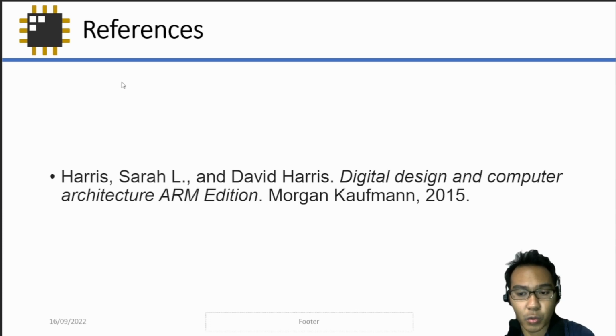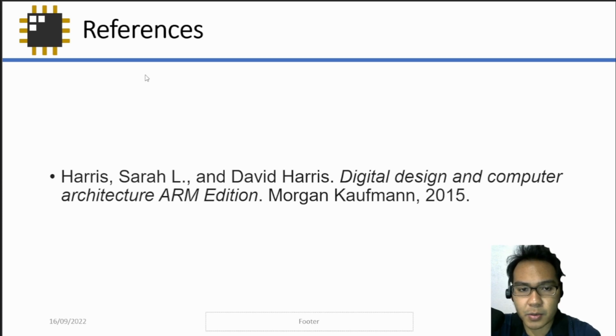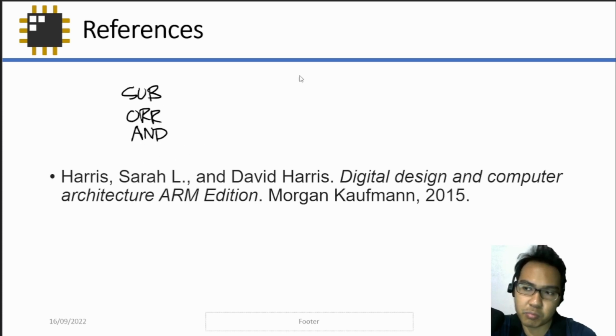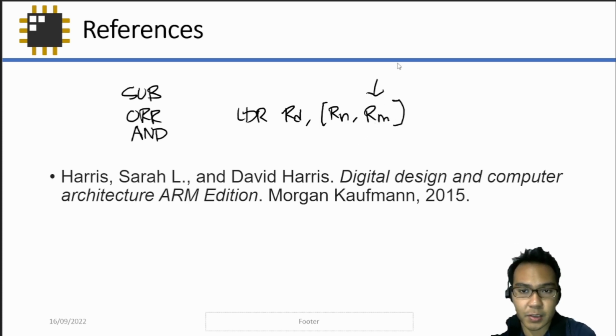There's two quizzes on this part as well. So you should try the formative quiz. Before you do that though, please try to think about what would happen for the sub, or, and instructions. And also, say, load register with something like this. You have RN, RM. So the offset is a register offset, not an immediate offset.